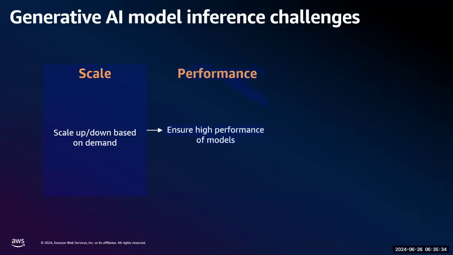From a performance perspective, it needs to be highly performant, and cost is always on top of mind for anybody running these models, because these are very compute intensive workloads. In the full life cycle of a model, typically 10% goes to training, 90% goes to inference. That's how important cost and performance are when we talk about inferencing of models.